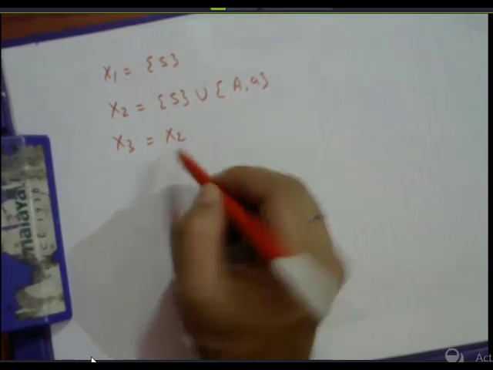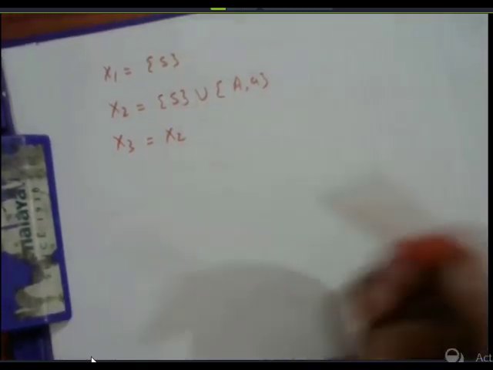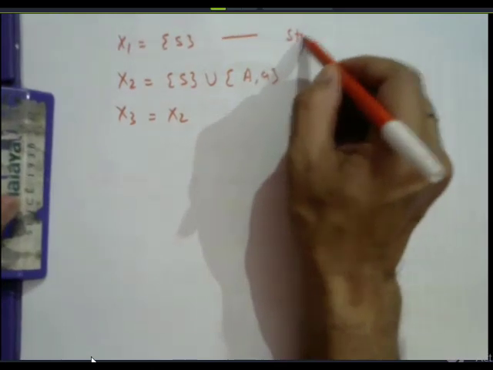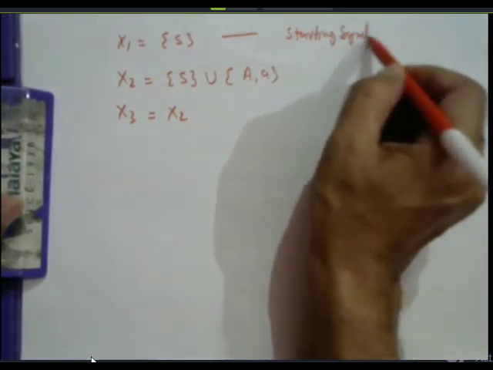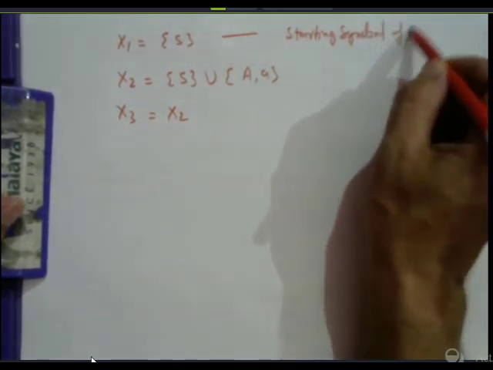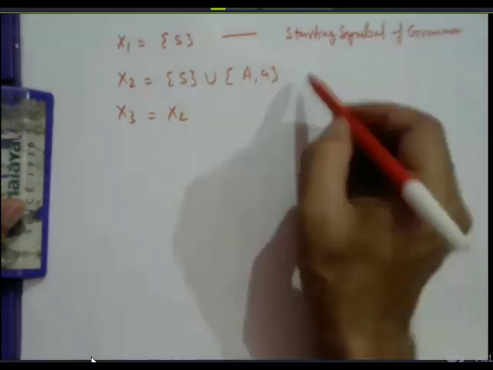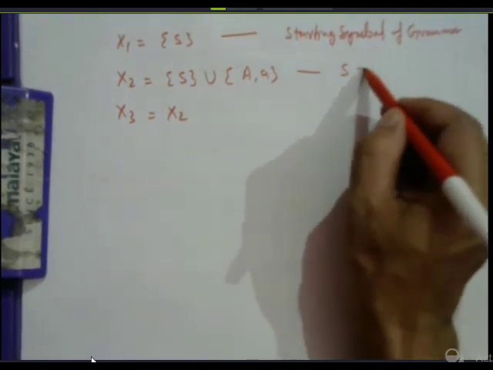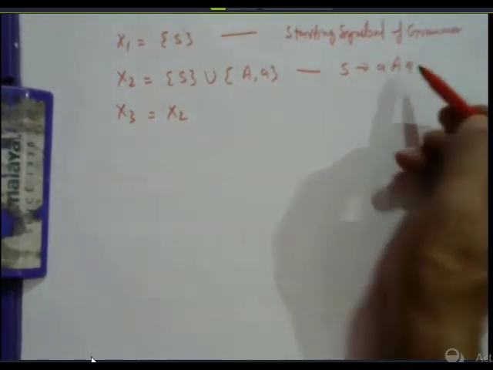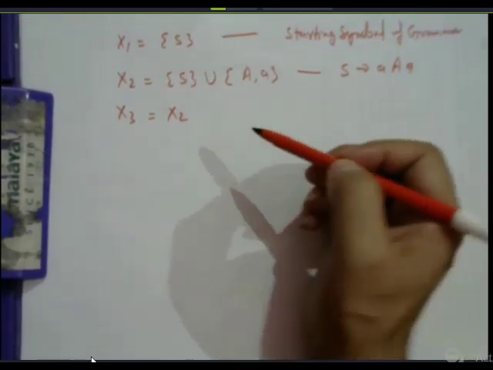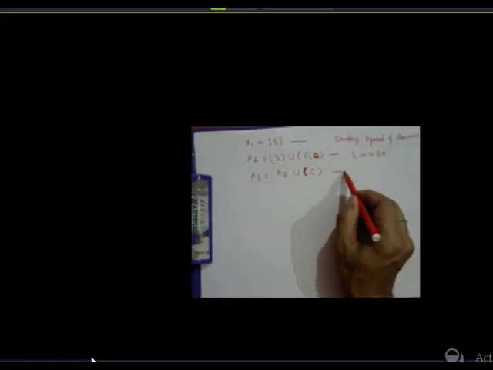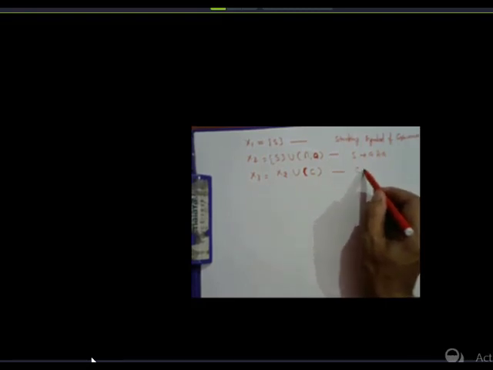Now this result we are getting from the starting symbol of the grammar, and there is a production S tends to aA, so we can add a and A. And again there is a production that comes from A tends to BCC.